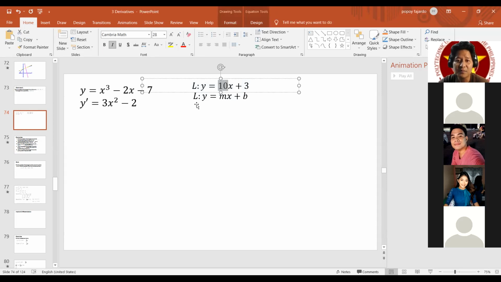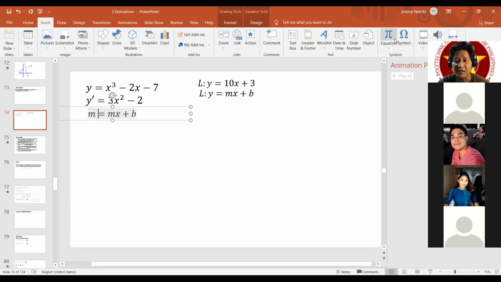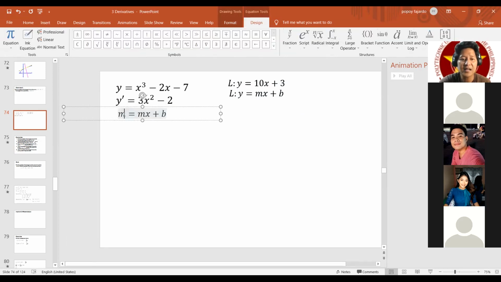Since parallel itong L sa tangent line, ang ibig sabihin nito, yung slope ng tangent line, let's just put a subscript here, ay magiging equal doon sa slope ng ating line.